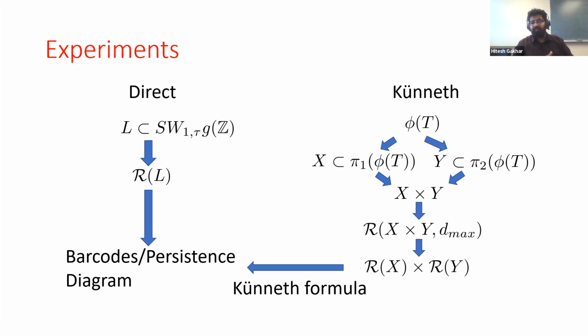So by using the first Künneth formula, we get another set of barcodes and persistence diagrams. Now we've gotten two different sets of persistence diagrams here. It is important to note that neither of them is the actual truth, because they are both supposed to be approximations to the actual thing, which is the sliding window point cloud of G over the entire domain, let's say Z or R.